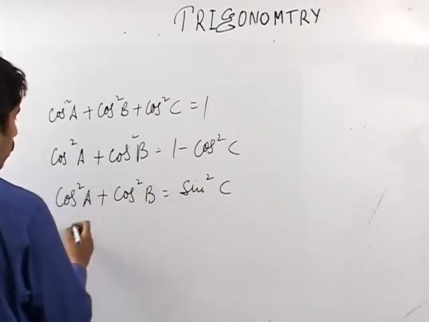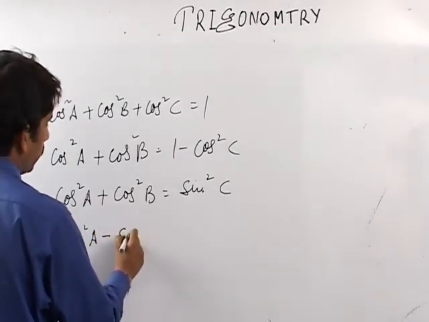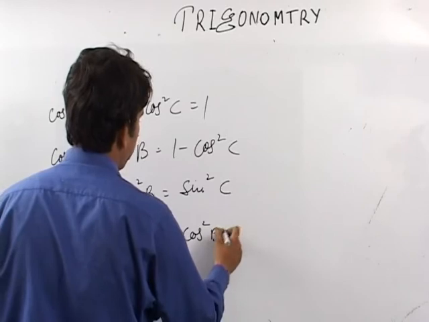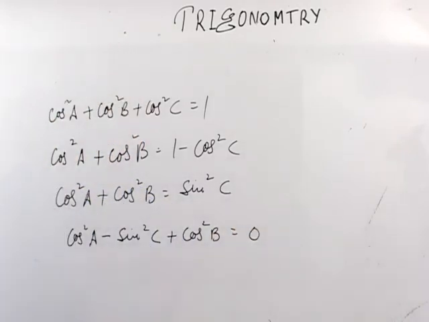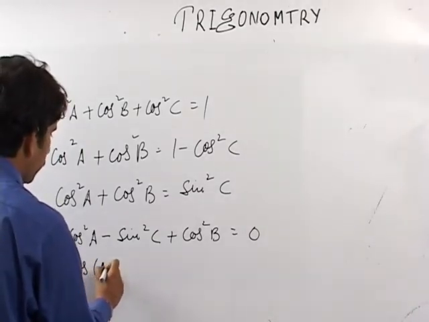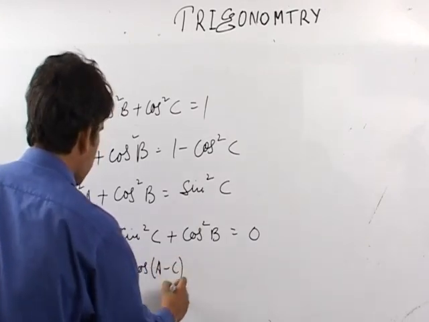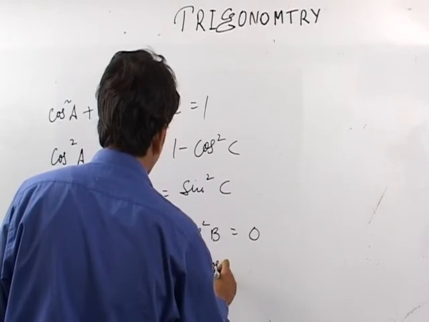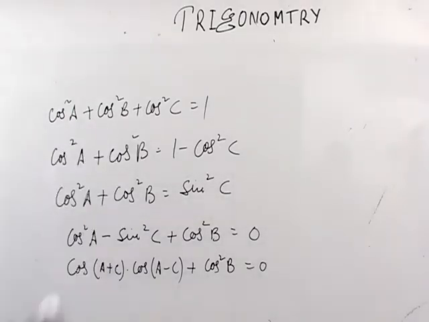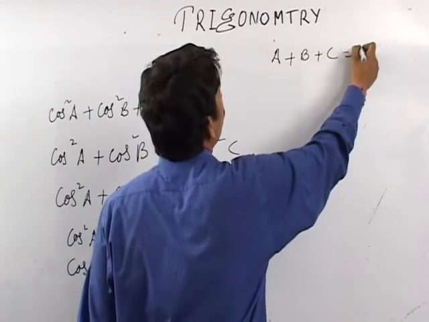Now when you take this on this side, you will get cos square A minus sin square C plus cos square B is equal to 0. Now, when you open this, it is equal to cos of A plus C into cos of A minus C plus cos square B is equal to 0. Now, since ABC are angles of a triangle, we have A plus B plus C is equal to pi.